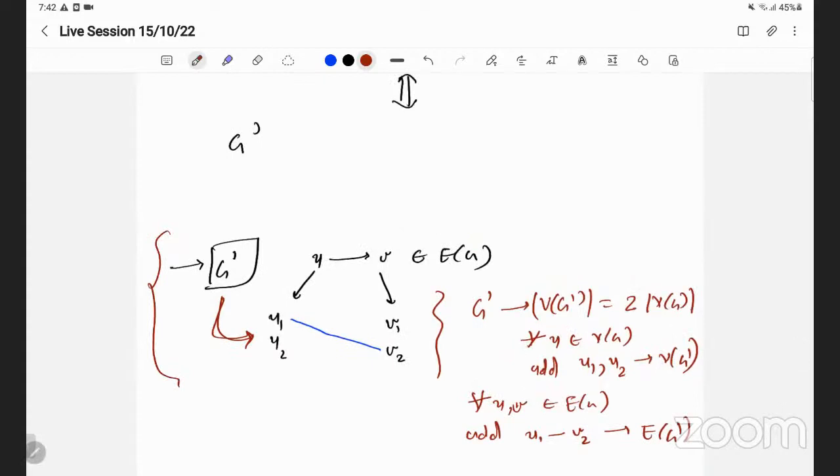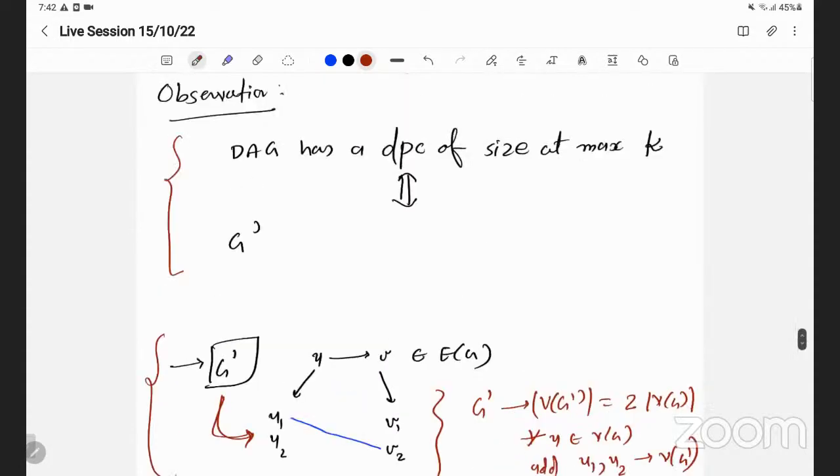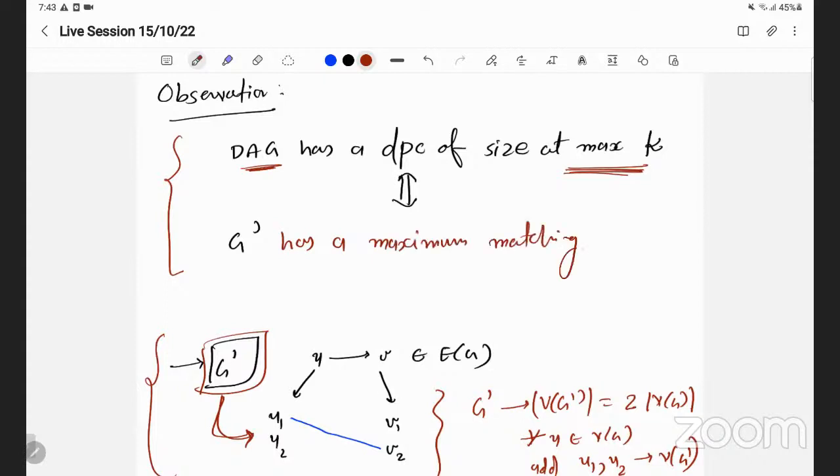The only thing I wanted you all to observe was this observation. If the directed acyclic graph has a disjoint path cover of size at max k, then it also implies that this newly constructed graph G prime has a maximum matching of size V minus k, where V is the number of vertices in the original graph, right?